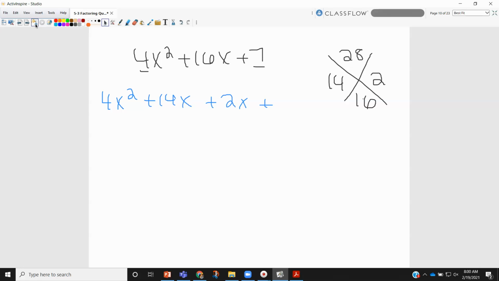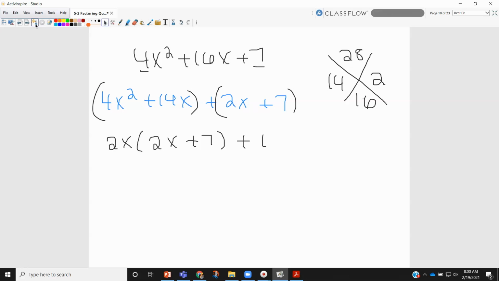The order you replace them does not matter because addition is commutative. So you could have done 4x squared plus 2x plus 14x plus 7. You would still work out to the same two factor by grouping simplifications. So in the first two terms, we're going to take out a 2x, leaving 2x plus 7.